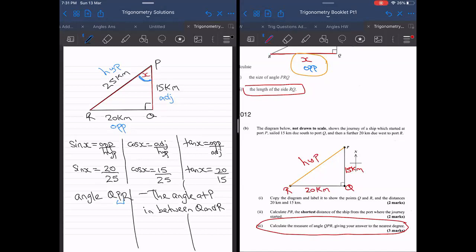And what did I say? Whenever we are finding angles, we always use the inverse. So x is equal to the sine inverse of 20 over 25, or the cos inverse of 15 over 25, or the tan inverse of 20 over 15. All of them are going to give the same answer.